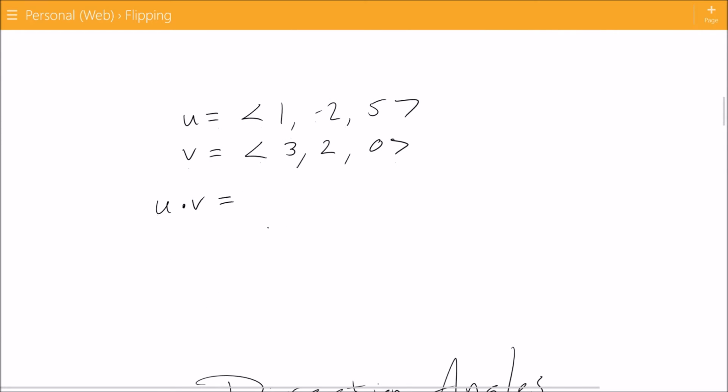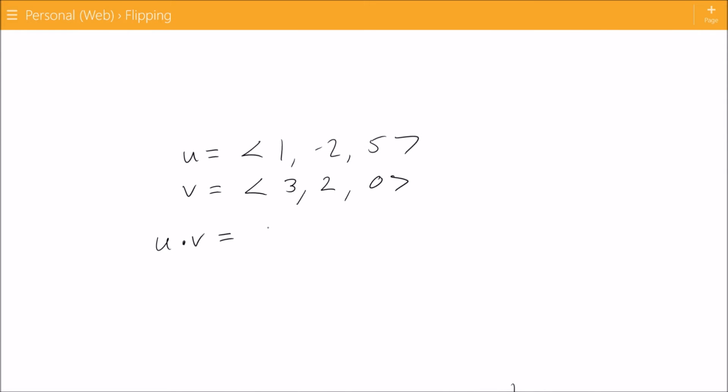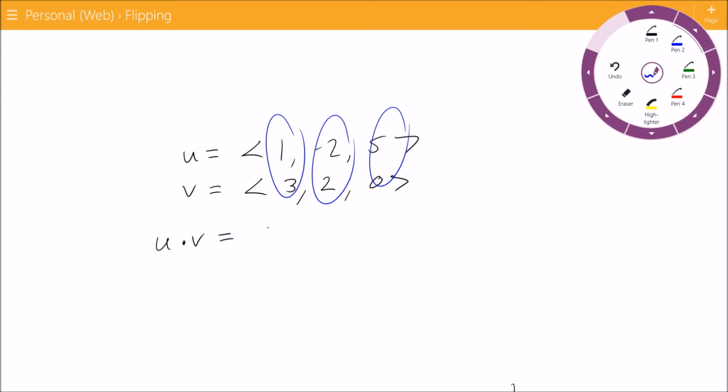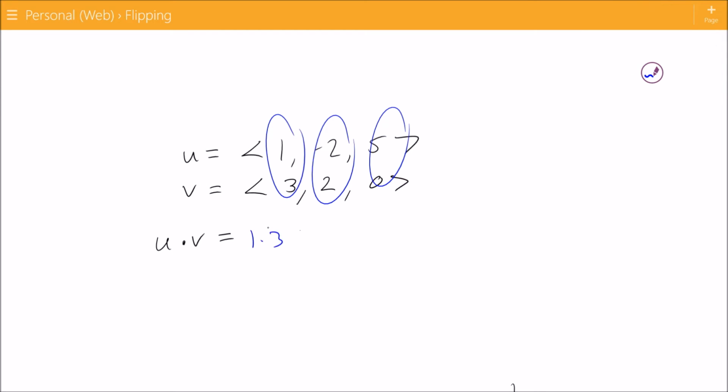Actually, let's do a quick dot product just for the heck of it. Again, I pair these up, so I'd get 1 times 3 plus -2 times 2 plus 5 times 0.